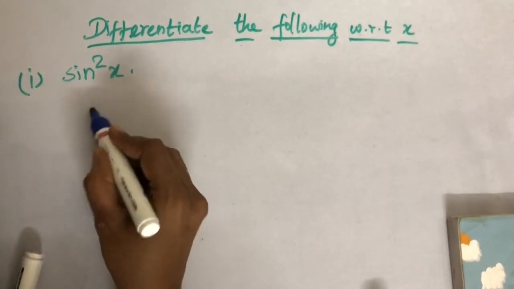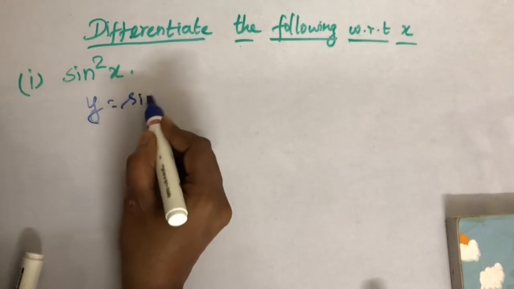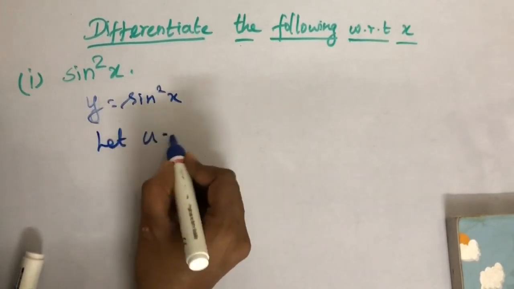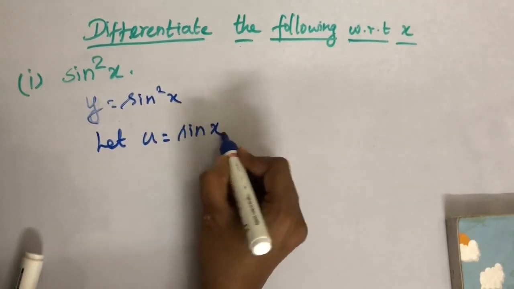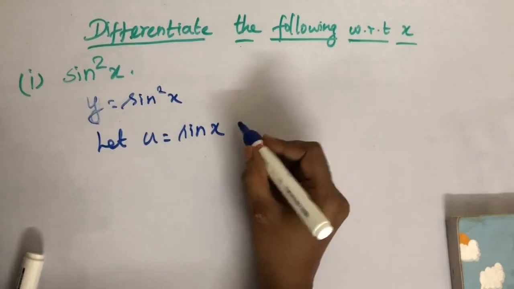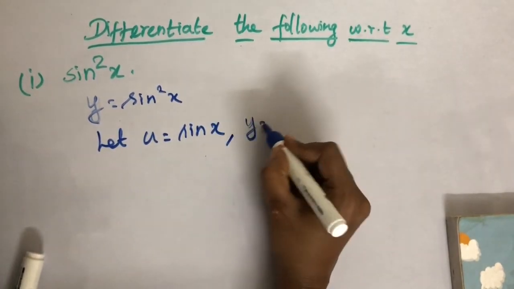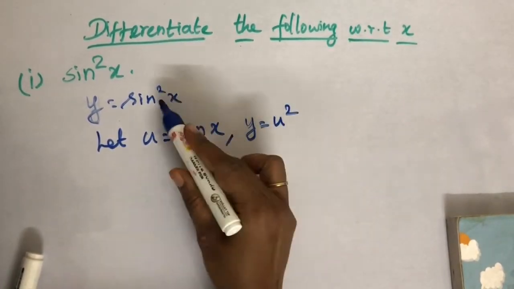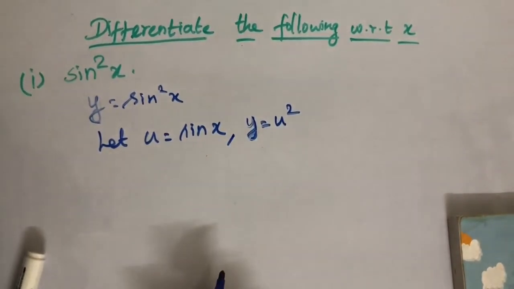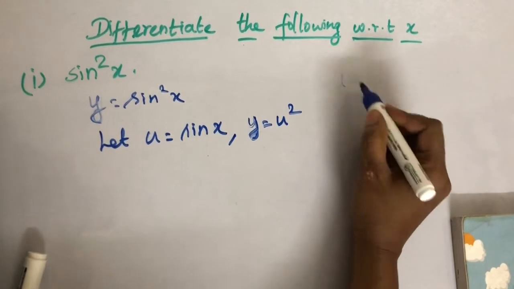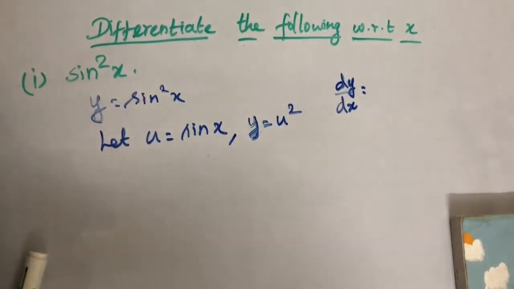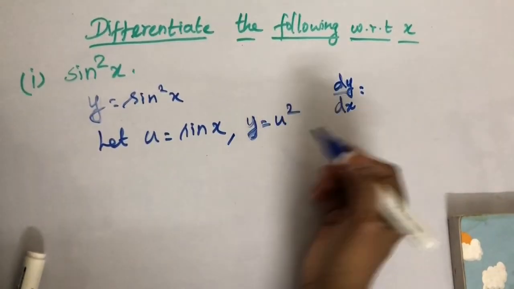So first, y is equal to sine square x is our function. I take u is equal to sine x. So if u is equal to sine x, y will become u square because it is sine square, isn't it? To find dy by dx, first let's differentiate y with respect to u.